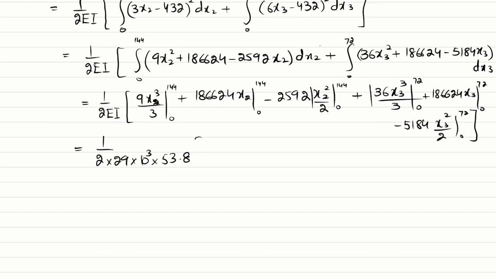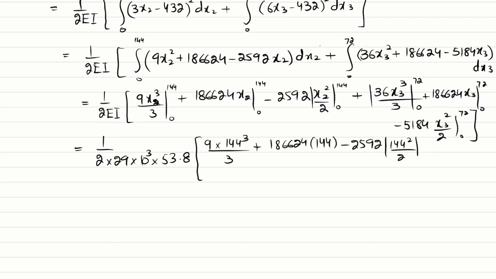And you can put all other values. 9 multiplied by 144 cube over 3, plus 186624 into 144, minus 2592 into 144 square over 2, plus 36 into 72 cube over 3, plus 186624 multiplied by 72, minus 5184 into 72 square divided by 2.